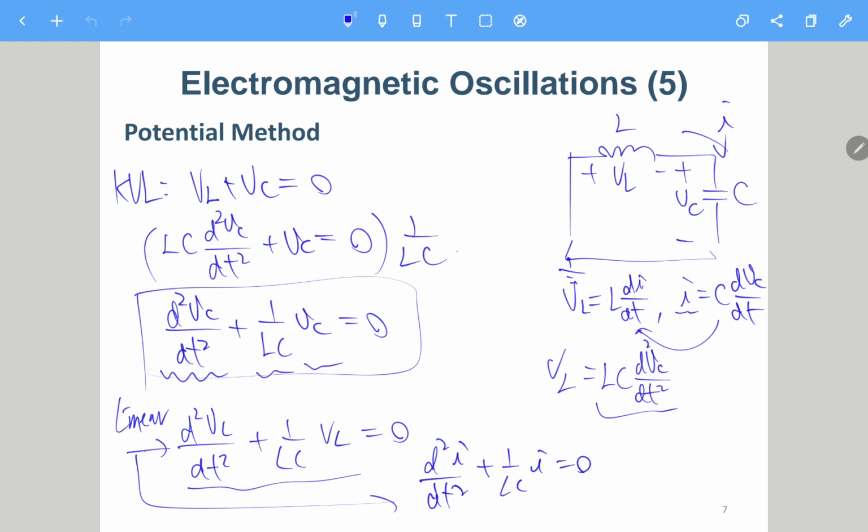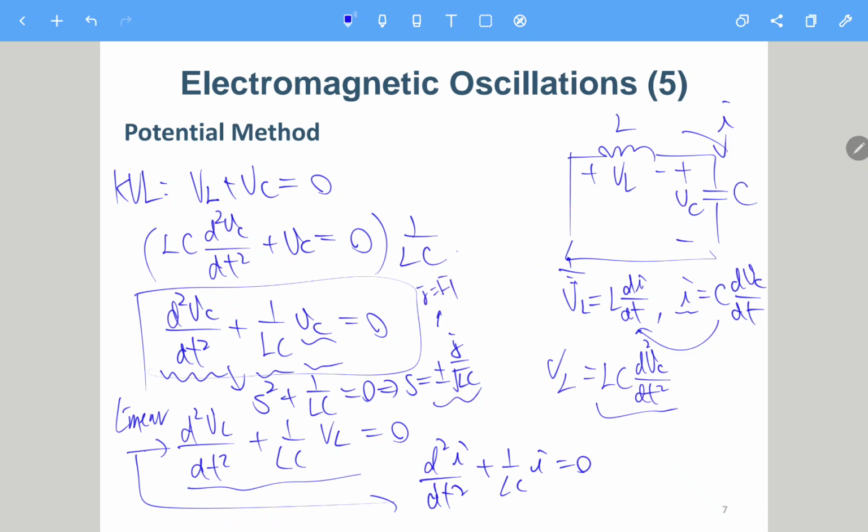Maybe I can quickly tell you. This is a second order equation, so we change it to S squared plus 1 over LC equals 0. So we have S equals plus or minus 1 over the square root of LC, multiplied by j, where j is the square root of negative 1.